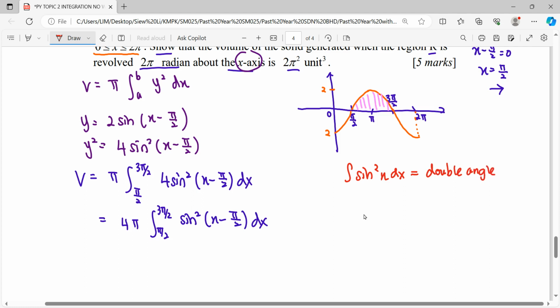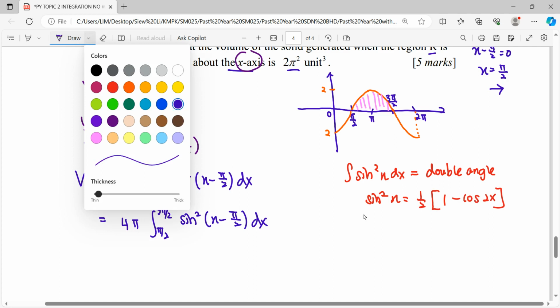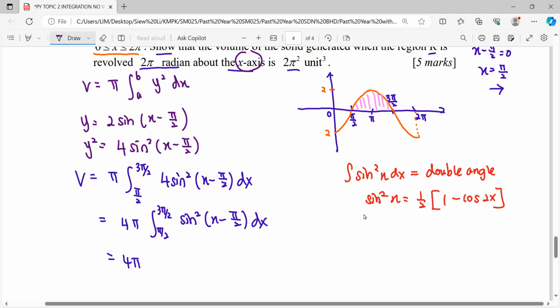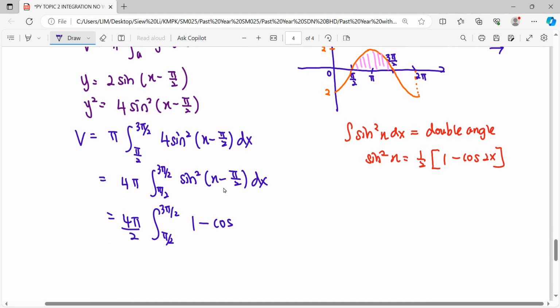We need to change it so that sine squared equals 1 over 2 times (1 minus cos 2x). To apply here, I factorize out the 1 over 2. The integration notation still follows. To change sine squared, I need 1 minus cos 2x. So doubling this angle, it will be 2x minus pi.